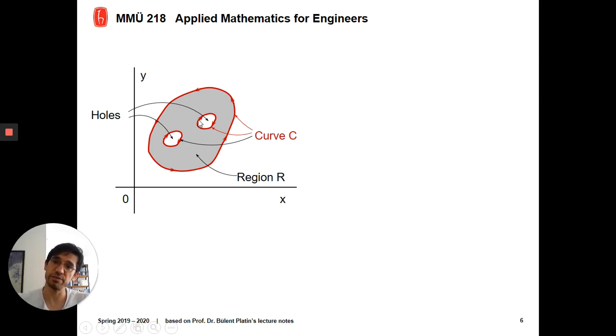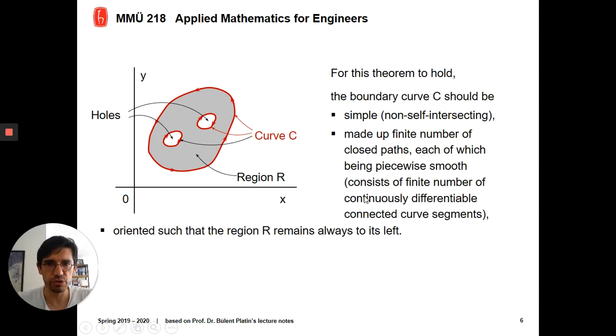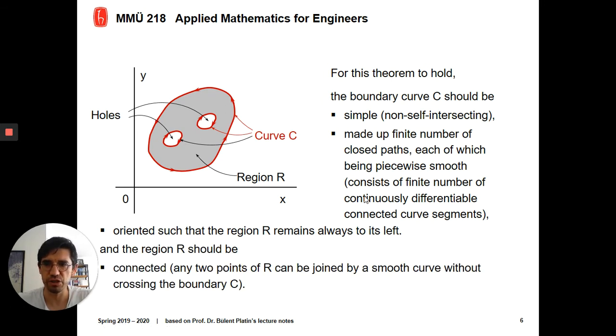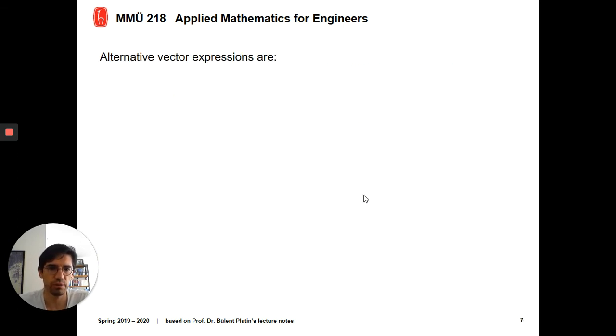I still have to keep the region R on my left. In that case, for a hole in a region, I'm actually rotating clockwise. You can read through these mathematical definitions on your own in the slides. It's just to make the math perfect.